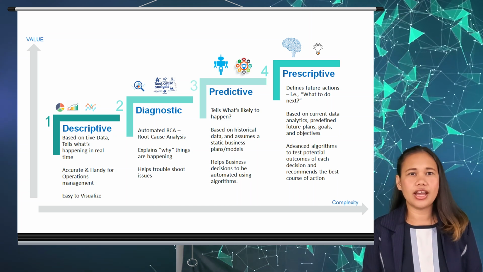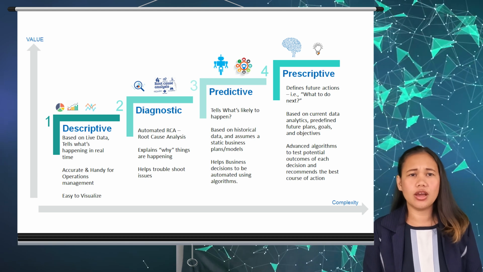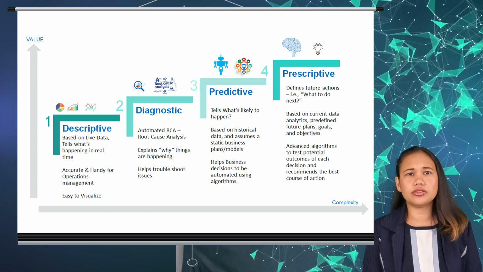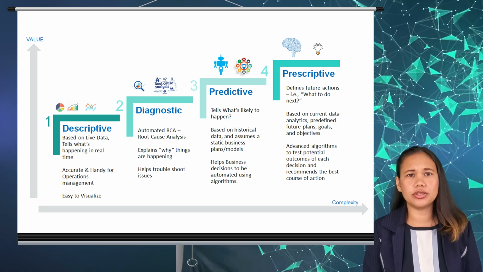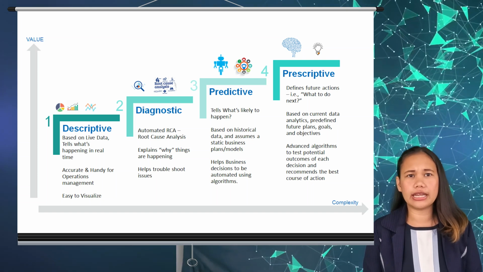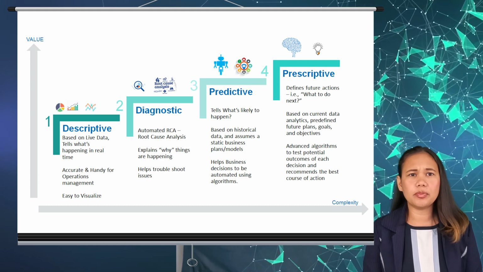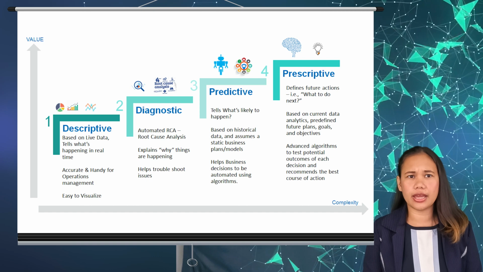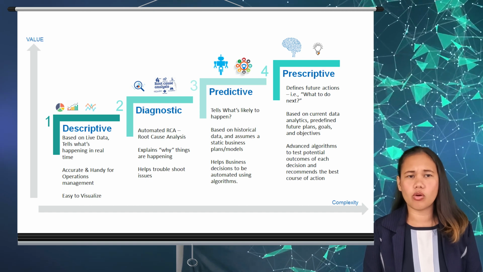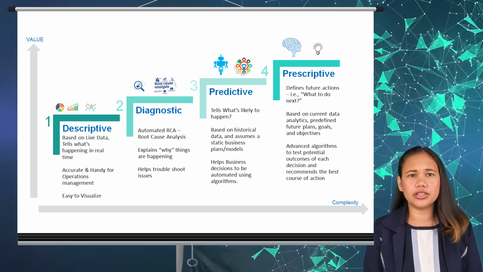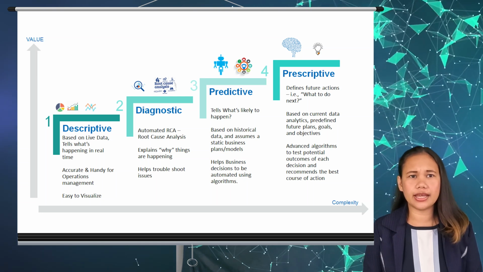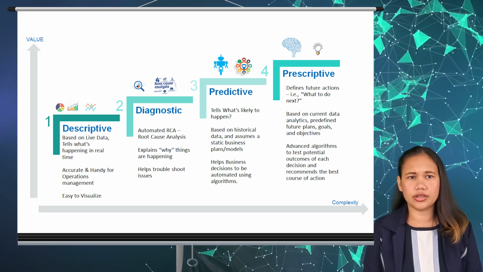Predictive. Understanding the future. What is likely to happen? Predictive models are used to determine the likelihood of an event occurring in the future, anticipate a quantifiable amount, or estimate a point in time when something might occur. Predictive models typically utilize a variety of variable data to make the prediction.